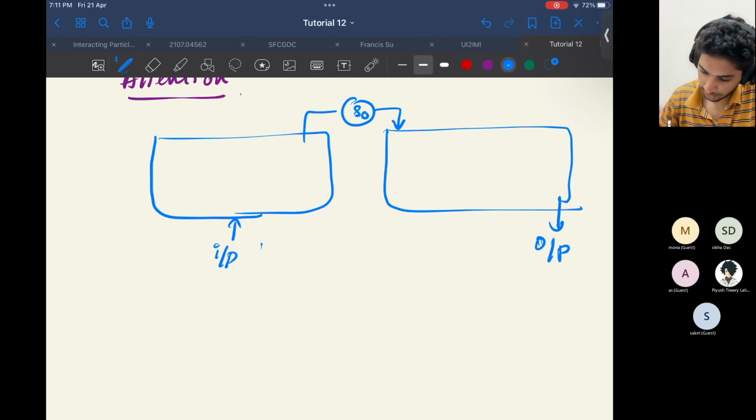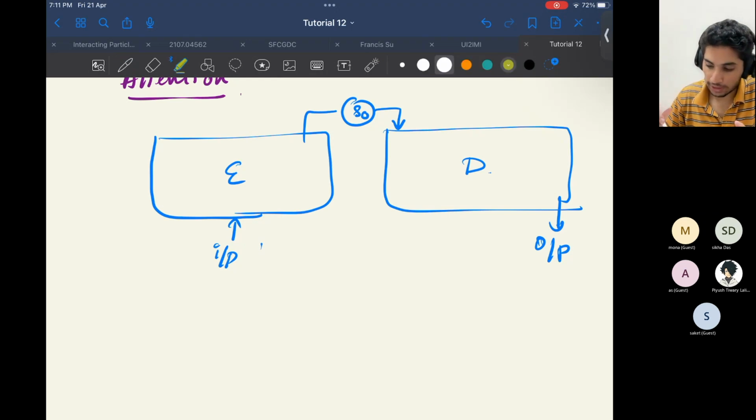This is an encoder, this is a decoder. So I hope you can see that we are saying the entire input can be summarized using S naught, is what we are seeing at the end of the day, right?